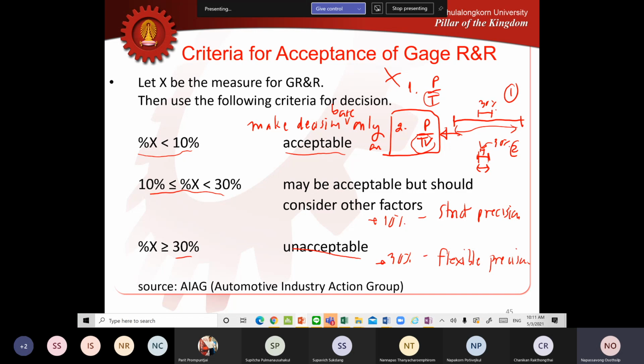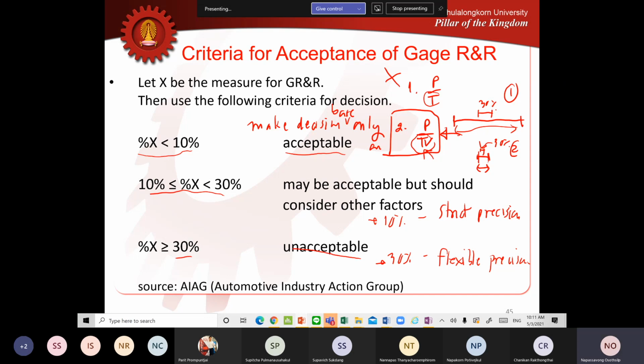But if the things that we are measuring have small variation, we have to have better precision to be able to distinguish the parts within that small range. So that's why we have to keep the ratio of the precision to the total variation at some specific number, which is 30%.